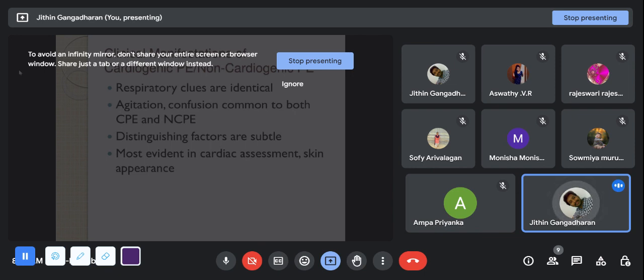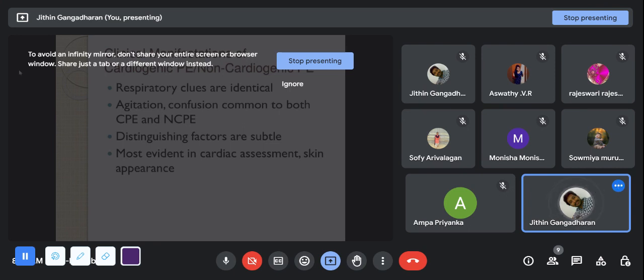And the main signs and symptoms, kindly write it down. The main signs and symptoms of pulmonary edema. There will be shortness of breath. There will be paroxysmal nocturnal dyspnea. And I believe we have explained this paroxysmal nocturnal dyspnea also when we were dealing with the cardiovascular system.